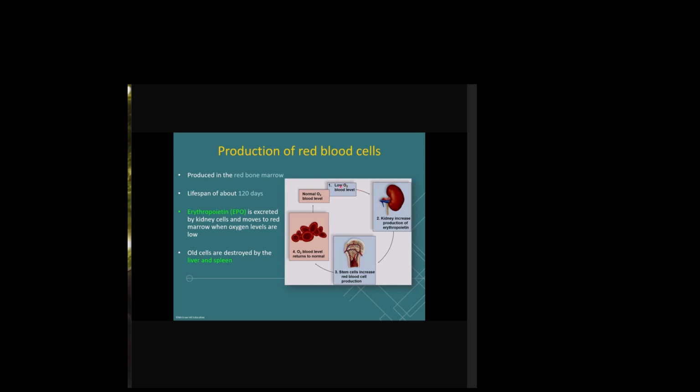You have a situation where, when it's brought to normal, it tells it to shut down. Erythropoietin is excreted by kidney cells and moves to the red bone marrow. Red blood cells normally are destroyed. They have a lifespan of 120 days, and after that, they are destroyed in the liver and in the spleen.